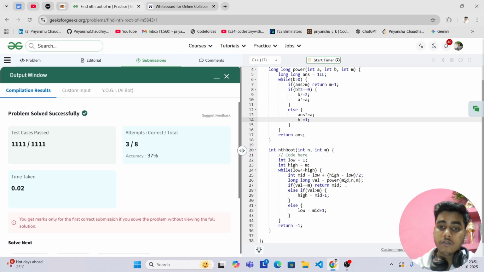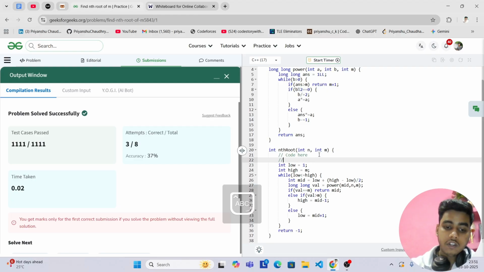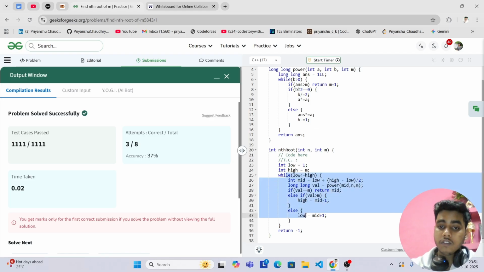All right. So yes, we have solved this problem successfully. And if I talk about the time and space complexity, we can see that this binary search we are applying from 1 to m range.